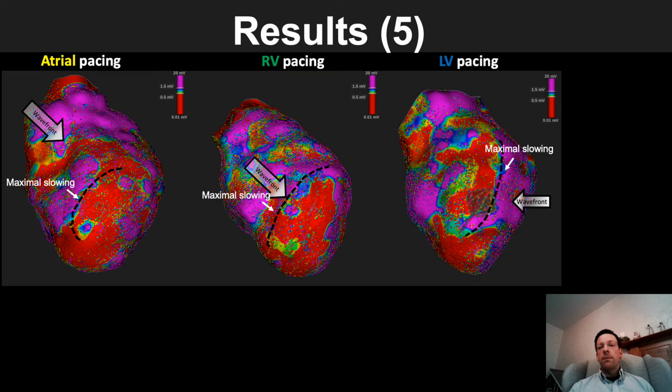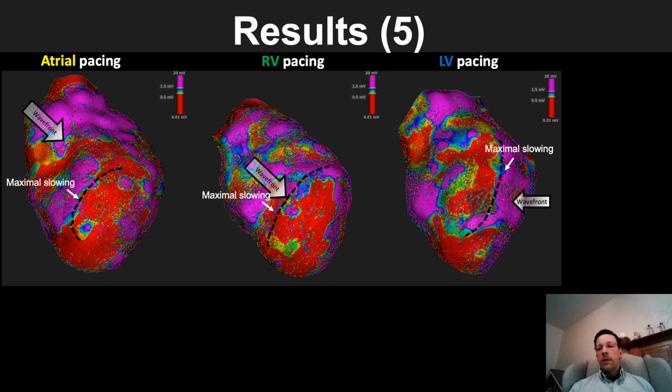The regions of maximal conduction slowing are highlighted with a dashed line and appear to coincide with the border of the low voltage islets. Note that the low voltage region is qualitatively different in the LV paced map, and again that the area of maximal slowing is also very different from what is seen in the atrial paced and RV paced maps.